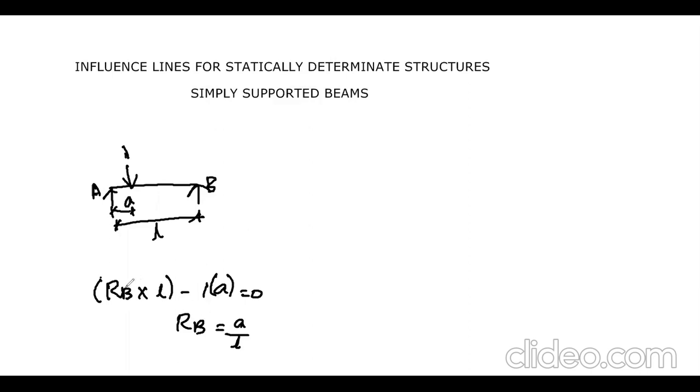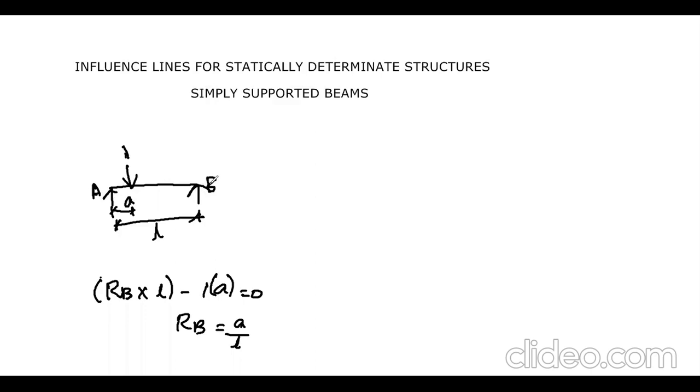Here you can ask me why here is plus sign and here minus sign. According to the sign convention, we take the section to the right side of the portion we are considering, right side portion only for taking the moment.